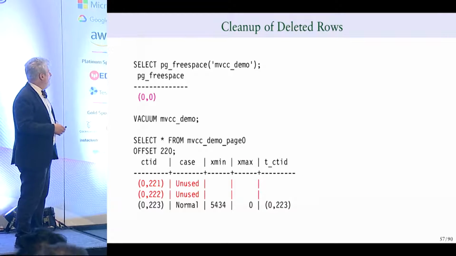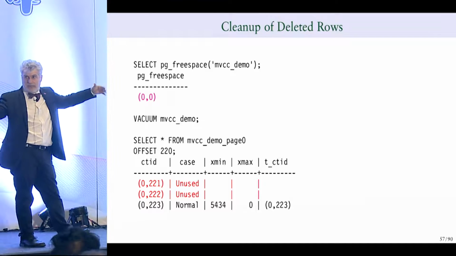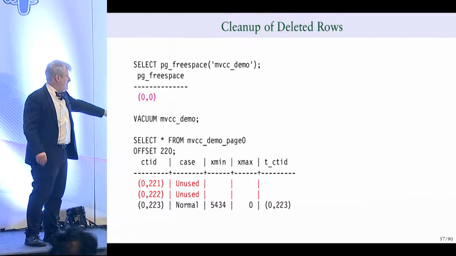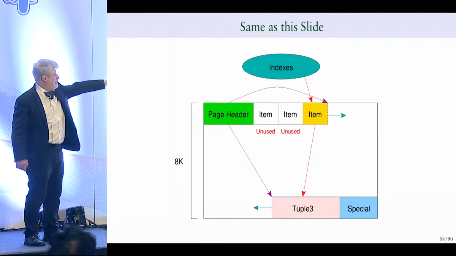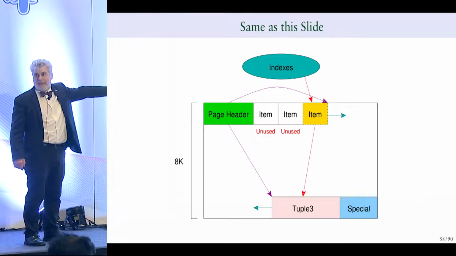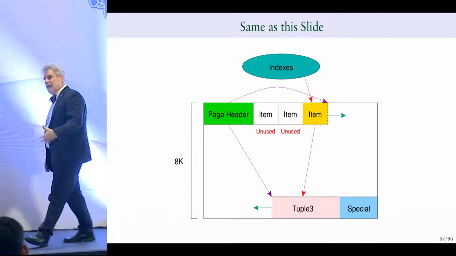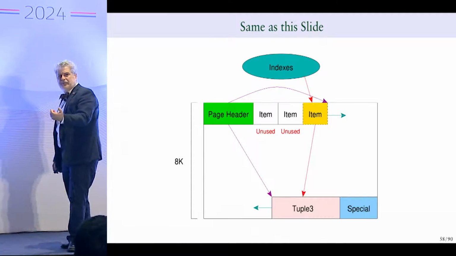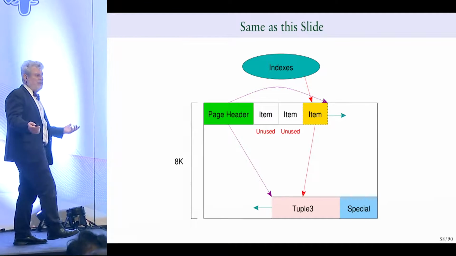We can then run vacuum or auto vacuum, depending. And once I do that, you can see instead of marking them as dead, they're now marked as unused. Now the item pointers are empty, and we could reuse them. Before, remember, the item pointers were dead, and they were taking a small amount of space on the page. Very small, but it's there, and that's why we have the vacuum to run.